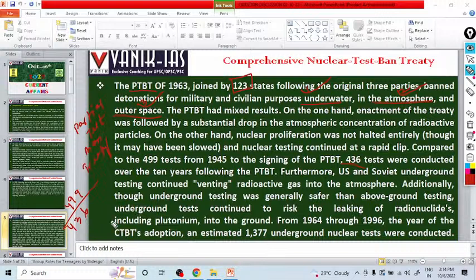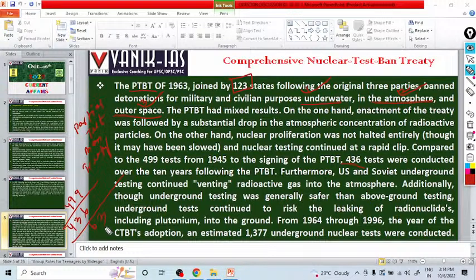That means within a 10-year period, the reduction was only 63. Fine. It's not a very big number. But somehow it slowed down, because in the next 10 years, this might have been doubled. From 499, it might have crossed 1000. But it has been kept limited within the 3 digits, at 436 tests.